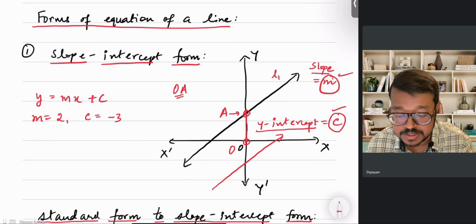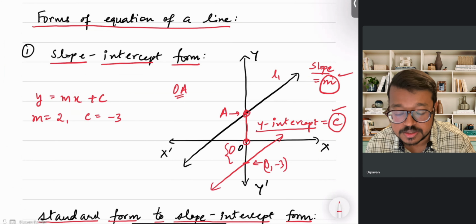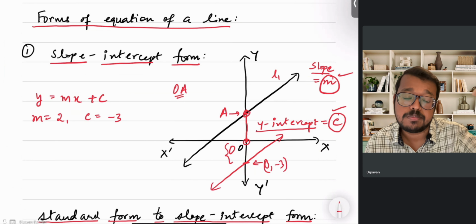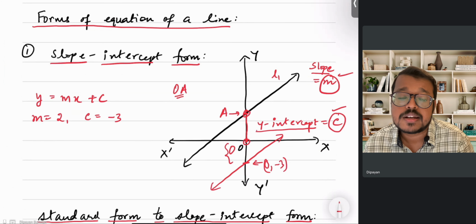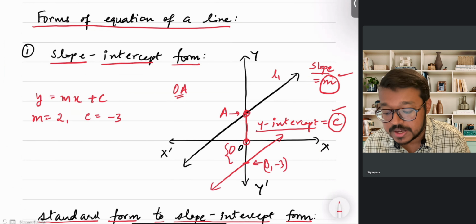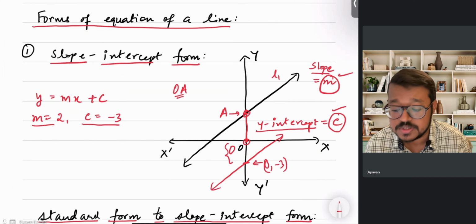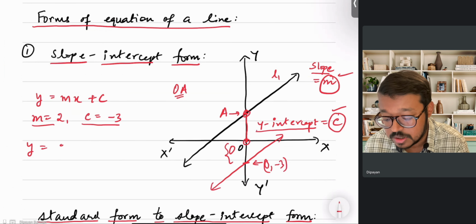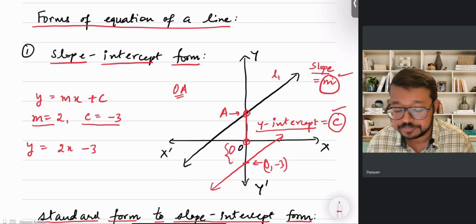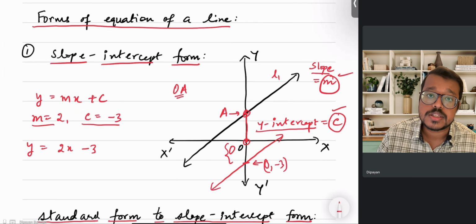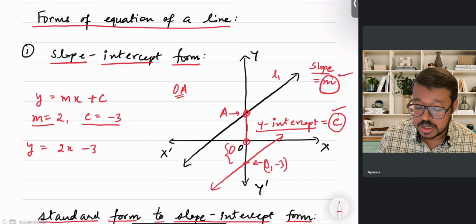Let's say that it was like this. If this point is 0 comma minus 3, then there is a length of 3 units but below the origin. So that y-intercept can be thought of as minus 3. So if I have this information, then the equation of this line will be y equals 2x minus 3. This is the slope-intercept form of an equation.